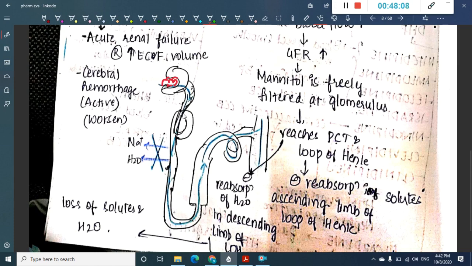So mannitol along with water will reach the proximal convoluted tubule, then the distal convoluted tubule, and it is excreted.